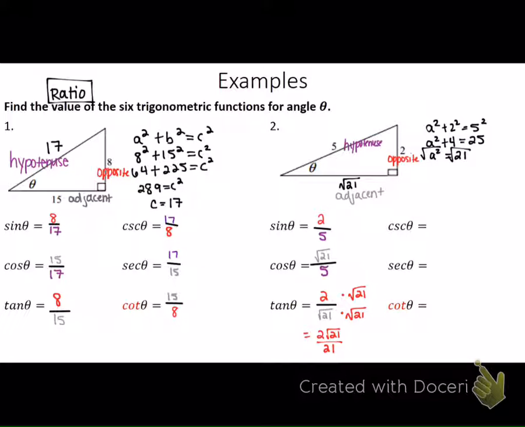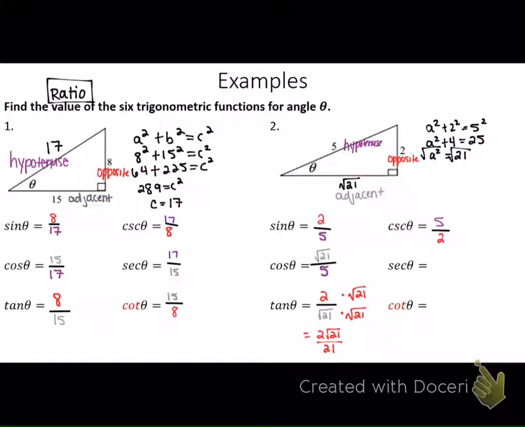All right. So the cosecant here is what, Olivia? The secant is what, Daniel? Be careful.